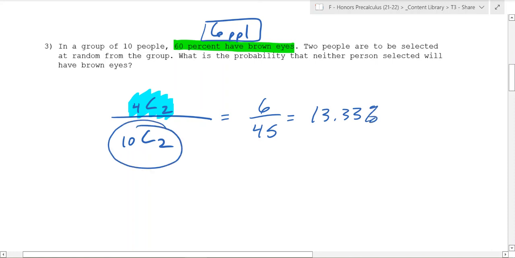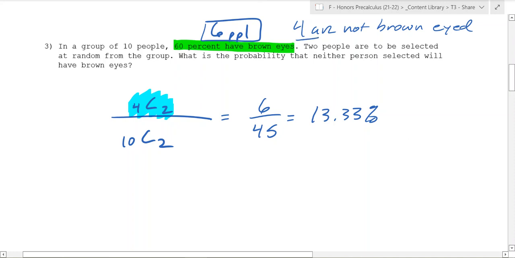This is the number of ways you can choose 2 people from 10, but if 60% of 10 are brown-eyed, that means 6 are brown-eyed and 4 are not. So how many different ways can you choose 2 people from 4? Well, that's this right here. So this is the number of winners over the number of possible ways to play the game, quote-unquote, the game.